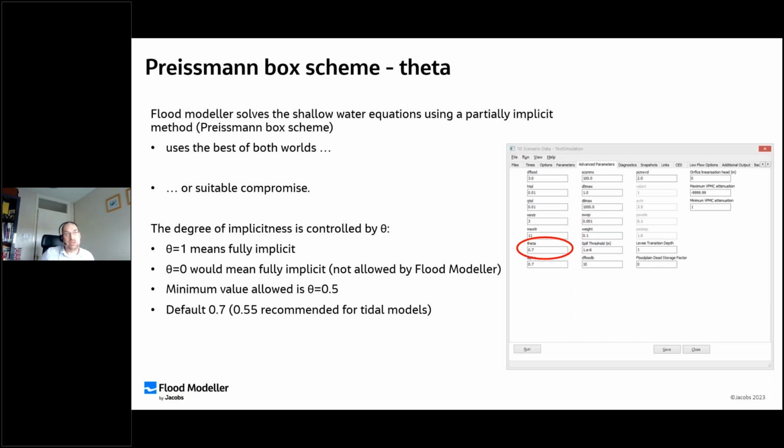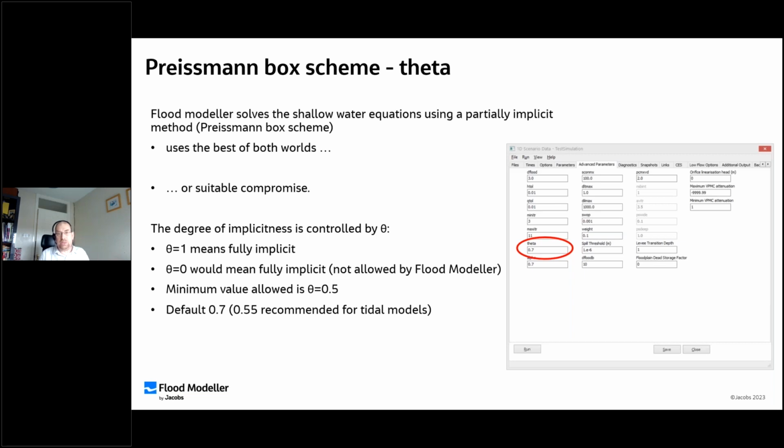If we increase it to 1.0, which is its maximum, it's fully implicit. Usually that is more robust, but it can take more time to solve, and it can introduce some kind of numerical diffusion as well. So there are good and bad things.